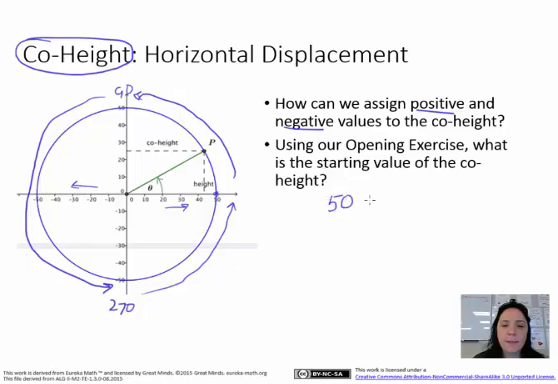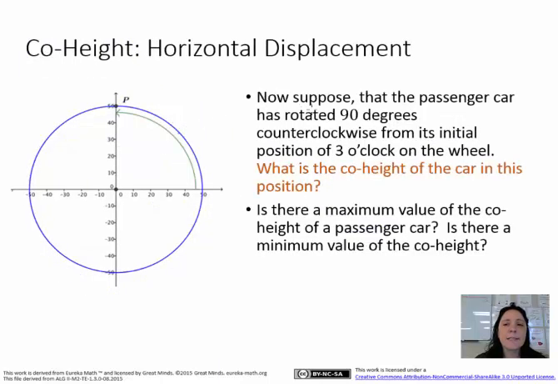So it's 50 feet from the center of the Ferris wheel. Next, we considered if the passenger car had rotated 90 degrees counterclockwise from its initial position of the 3 o'clock position, and asked what the co-height of the car was in this position. So if we're up here, then our horizontal distance is 0 feet.